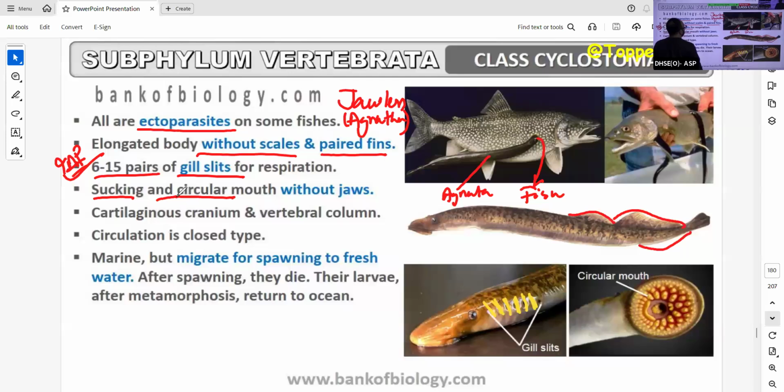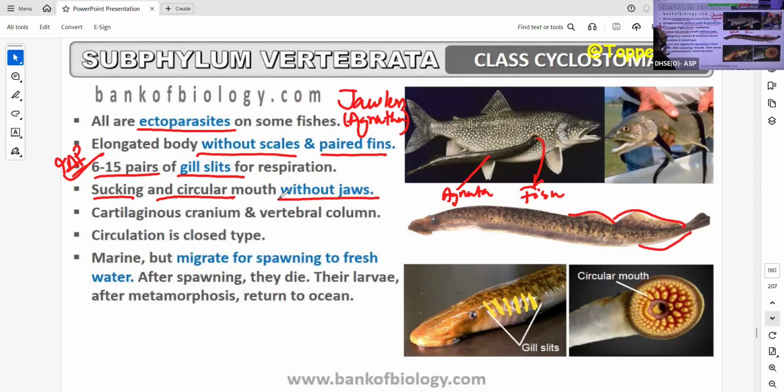Now, sucking and circular mouth and vertebral column. Cartilaginous, sucking, circular. Mouth without jaws. तो इनमें jaws नहीं होते. Therefore, the mouth is circular. ठीक है? And किस type का है? Suctorial है.